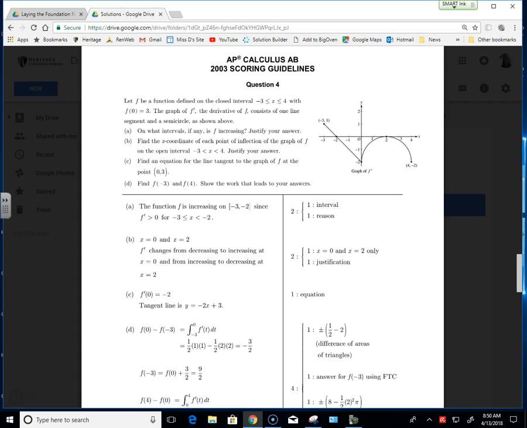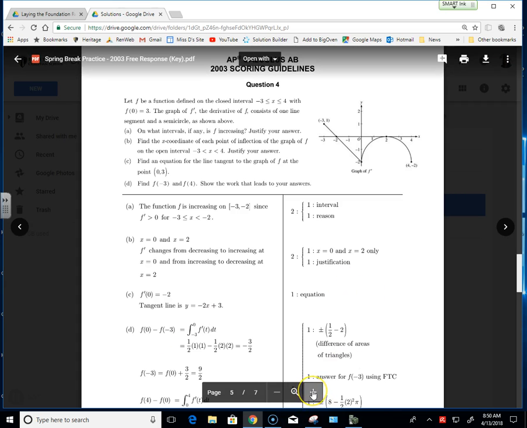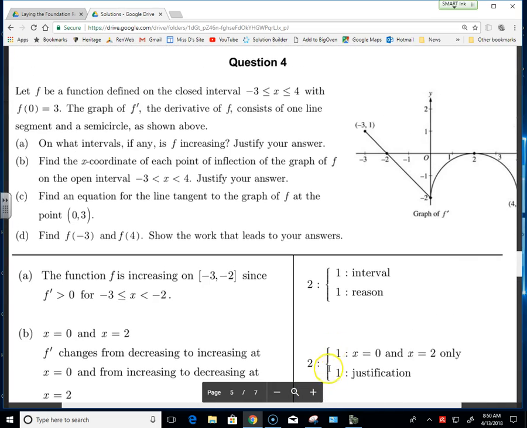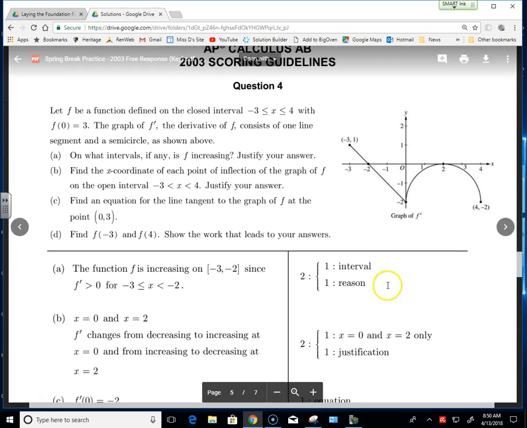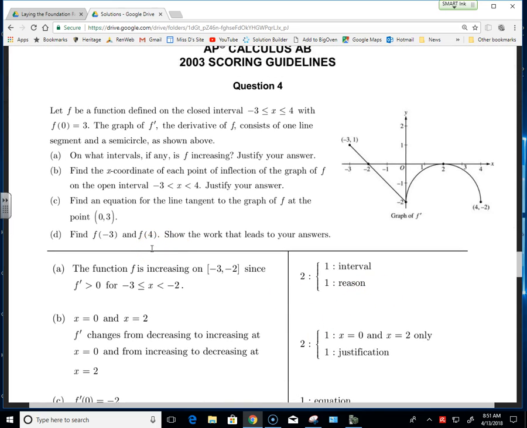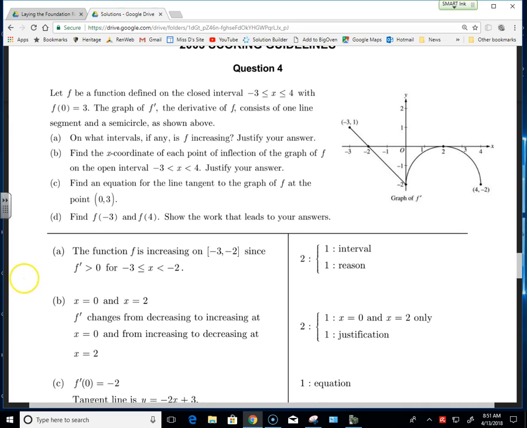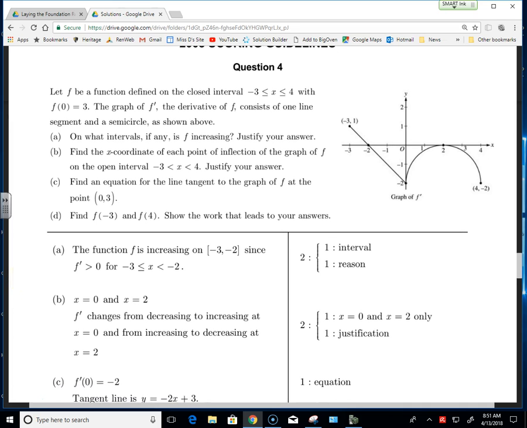Given a graph of who? F prime. Yeah. So there's going to be some integration. Letter D says find f of 3 and f of negative 4. Non-calculator problem, absolutely no function for that graph.